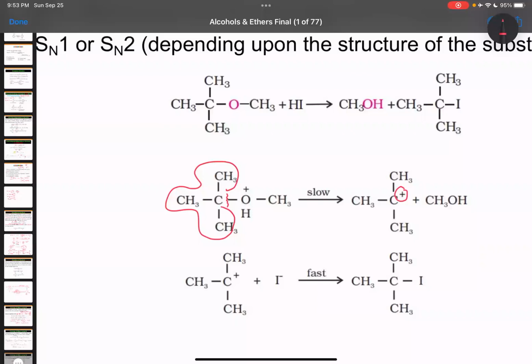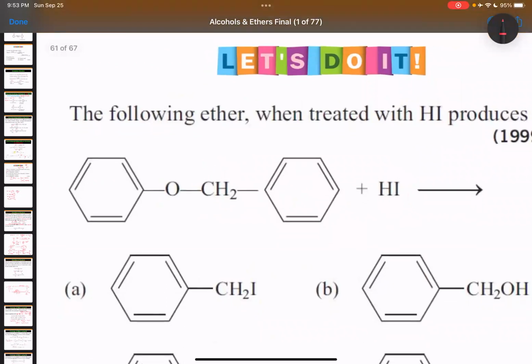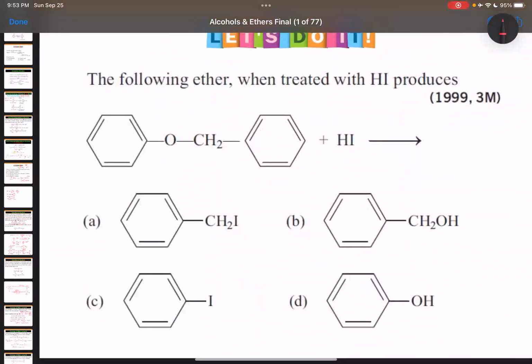Right? Hanifa, I hope you are getting it. So this is the thing which is happening. So let's do some problems. Some very famous problems.